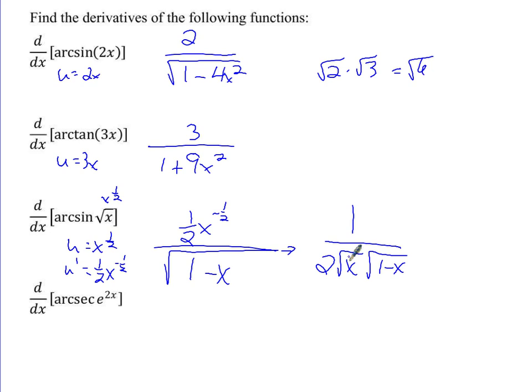Right? So I can do the same thing here, and when I do, I have 1 over 2 square root x minus x squared. There's your derivative. So it's not too bad. You just got to remember how to take the derivative in the first place and then simplify it using your regular algebra.